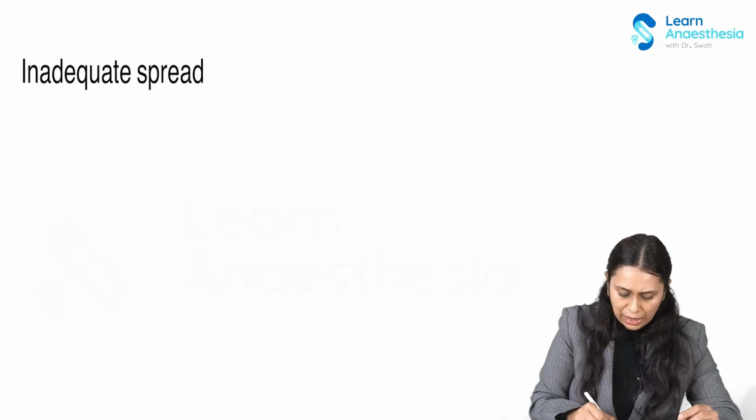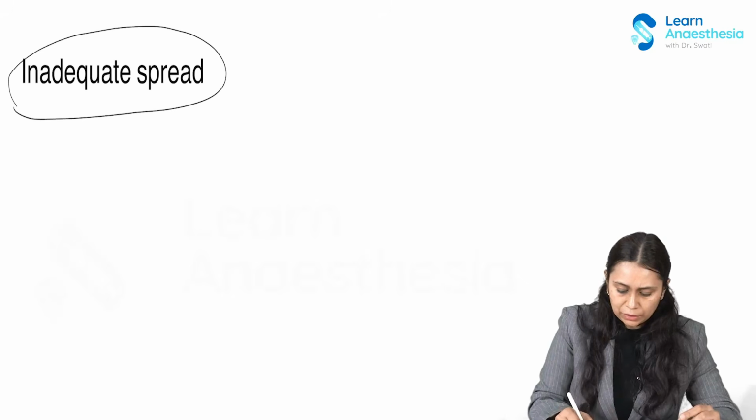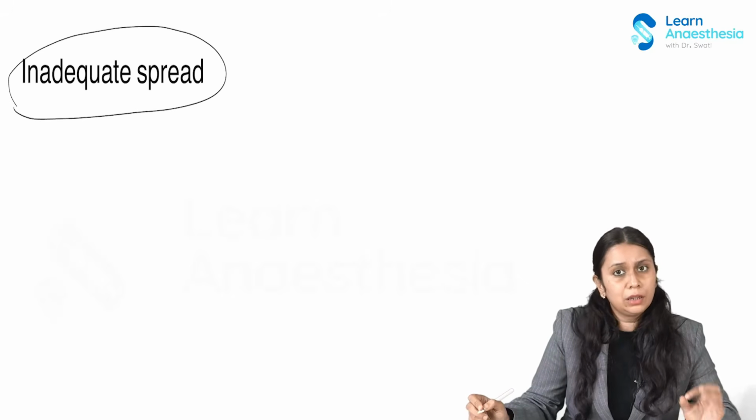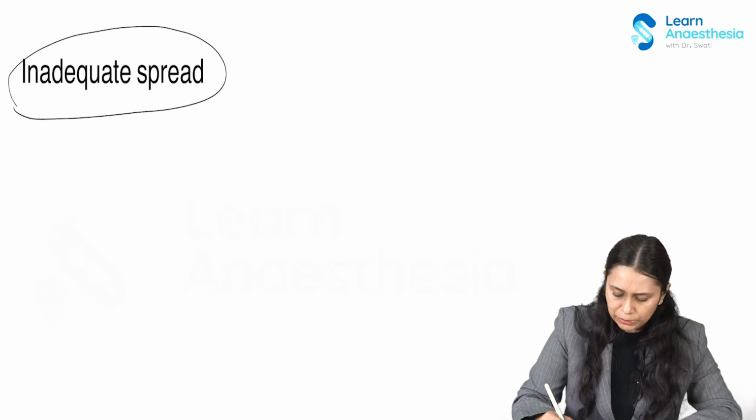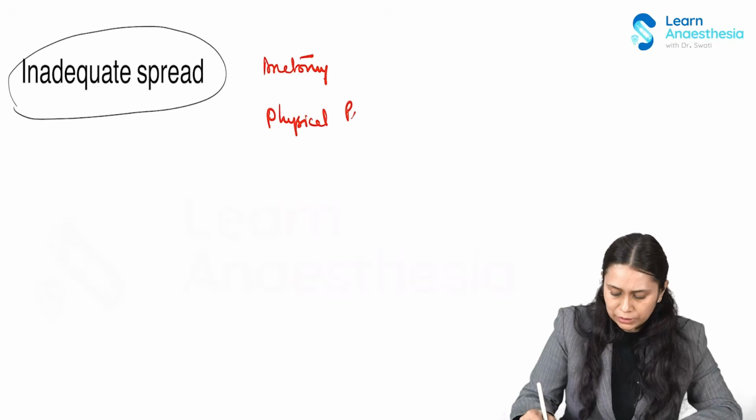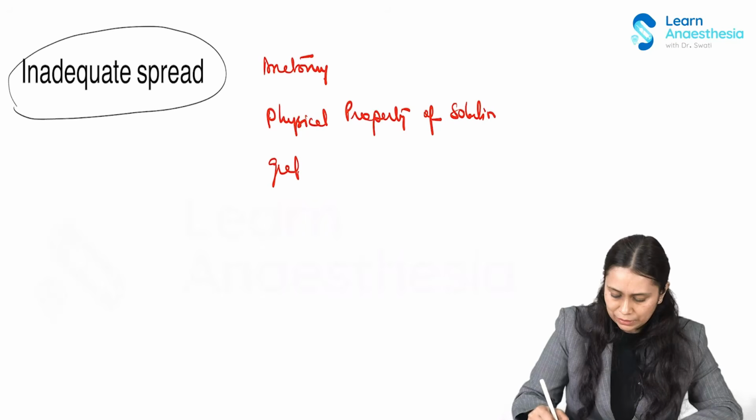Okay, the next thing which can happen is inadequate spread of the drug. Now this can be due to the drug which you are using, isobaric or hyperbaric, or to anatomical difficulties. So this could be due to anatomy, this could be due to the physical property of the solution, and this could be due to gravity, because of the drug which you are using.